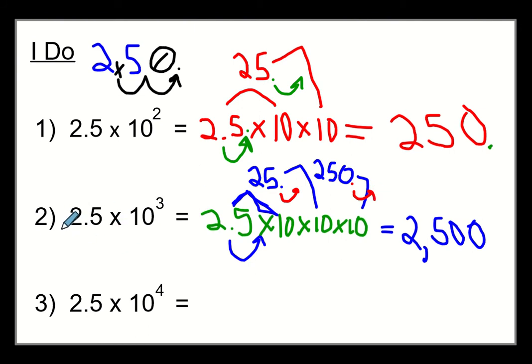And so 2 and 5 tenths times 10 to the third power is the same as 2,500. I can recall that that 3 right there, that exponent, tells me how many times I should move my decimal to the right.